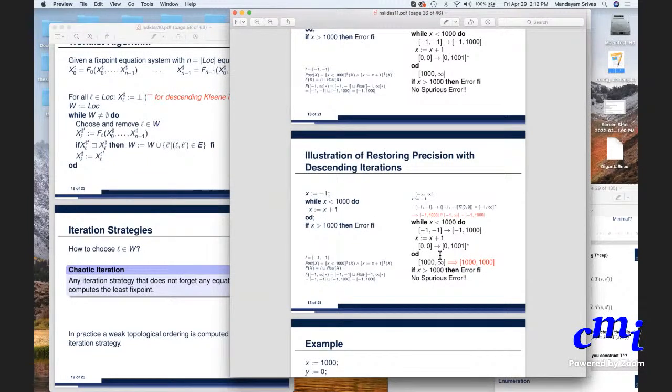Why do you say that? On the left-hand side, you found out -1 to 1000. This was wrong. Oh, there's another mistake. Actually, this should be 999.